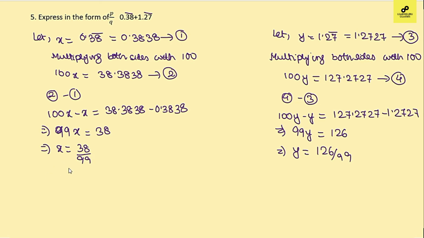Now we write the entire expression 0.38 bar plus 1.27 bar. The equivalent P by Q form for 0.38 bar is 38 by 99 plus 1.27 bar is 126 by 99.